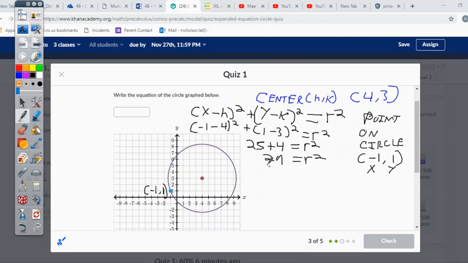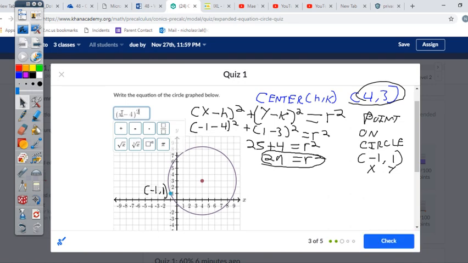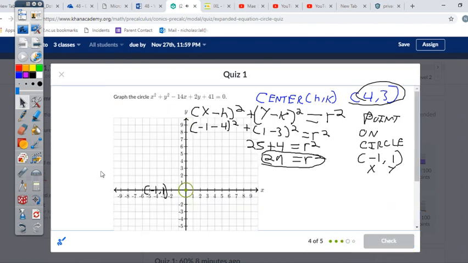So now we have r squared, we have h, k, and we should be able to write our equation of the circle. x minus 4 squared plus y minus 3 squared is equal to 29. Great.